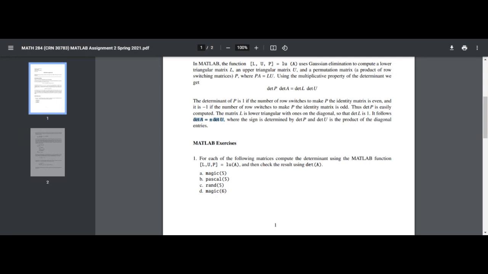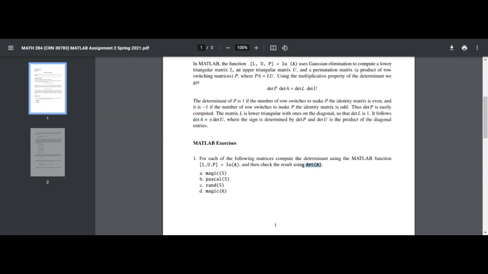A question. So for Andres, for MATLAB exercise 1, you're going to compute the determinant. There's a command called DET of A. So MATLAB exercise 1, DET of A computes the determinant. But what you're going to do is you're going to check that result by finding the LU factorization of A, and then utilizing the formula here.